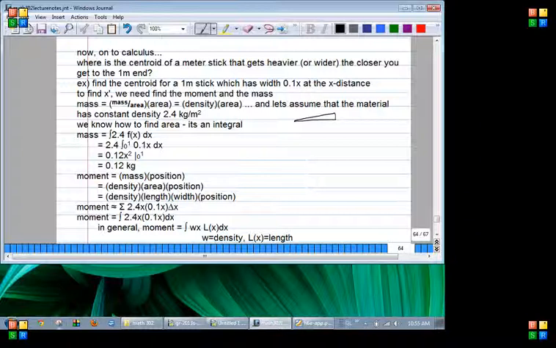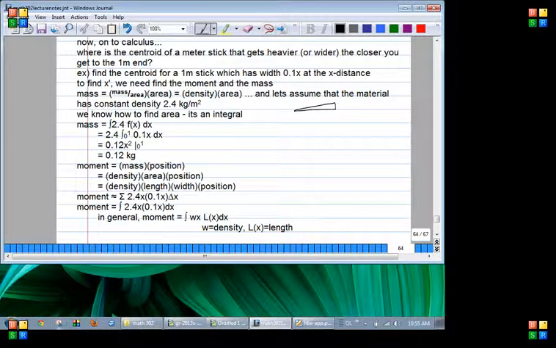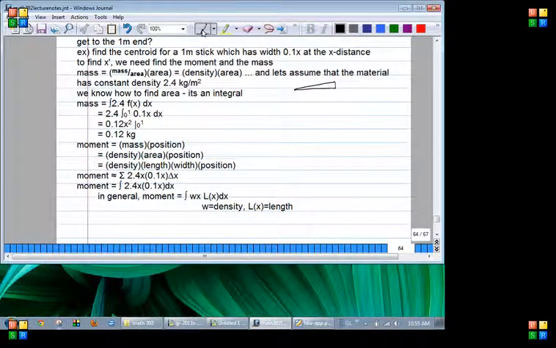So let's finish doing this, which I neglected to do. So remember the notation for moment is M, which is the integral from 0 to 1 of 0.24 x squared dx.